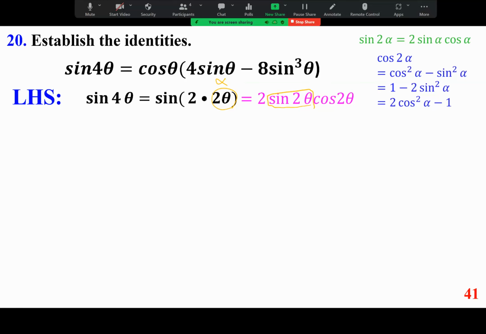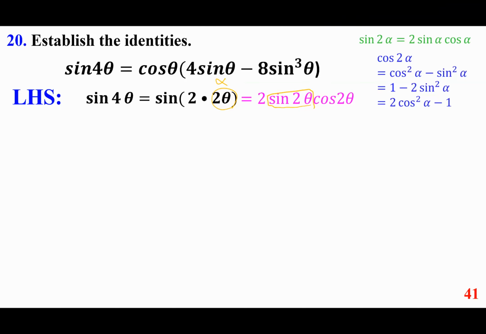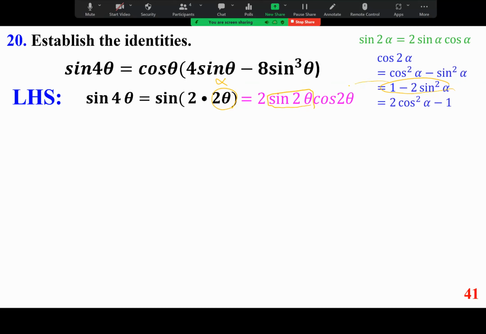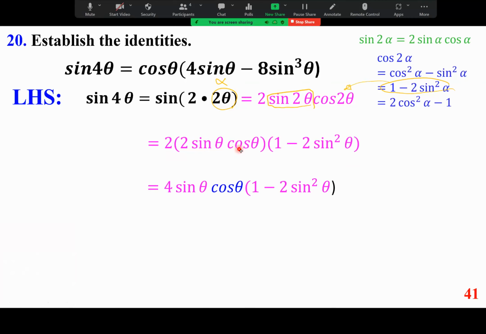And since over here, we have cosine theta times 8 sine cubed times 4 sine theta minus 8 sine cubed, we can write this as 1 minus 2 sine squared. Instead of theta, we're going to use alpha. Now, of course, we have 4 sine theta cosine theta here, 4 sine theta cosine theta.